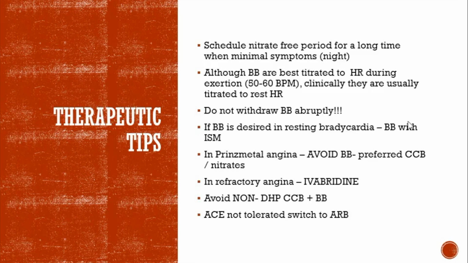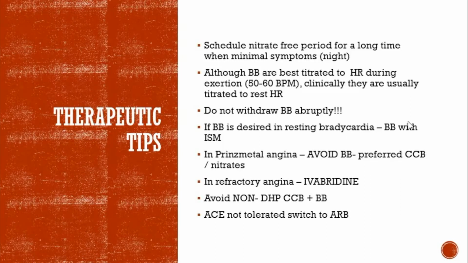Like I said, if the physician asks, can we switch the ACE inhibitor? The patient is having acute renal failure or bilateral renal artery stenosis, or the patient has a solitary kidney and the creatinine is going up, and the physician asks your suggestion, can we switch the ACE to ARB?